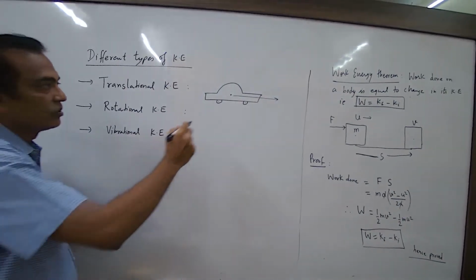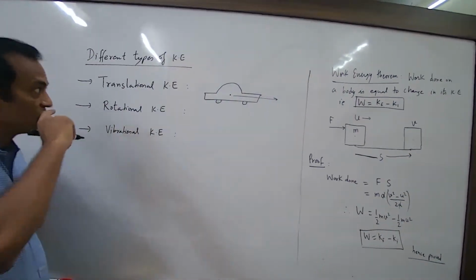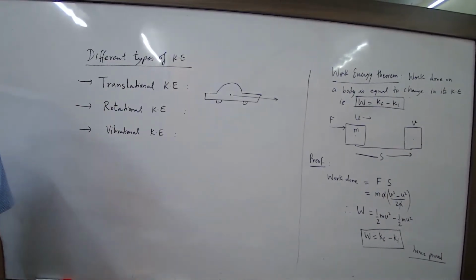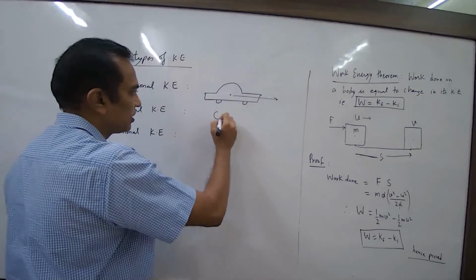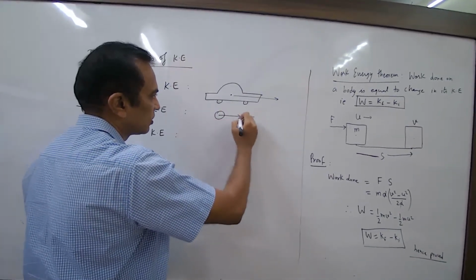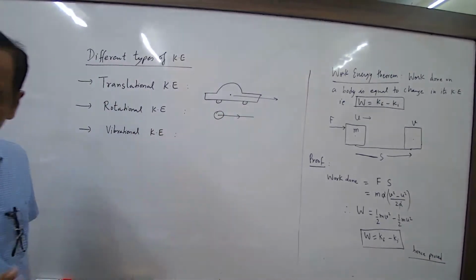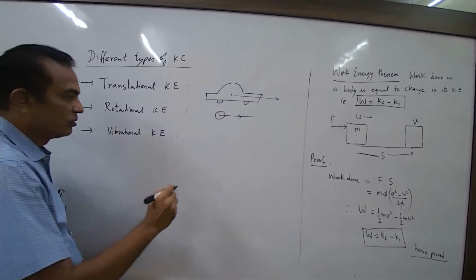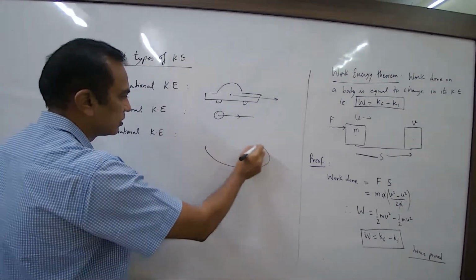So the car and wheel system will have both translational and rotational kinetic energy. See, the wheel is rotating around the axis and it is also going forward. So the wheel has both. Like Earth is revolving around Sun.